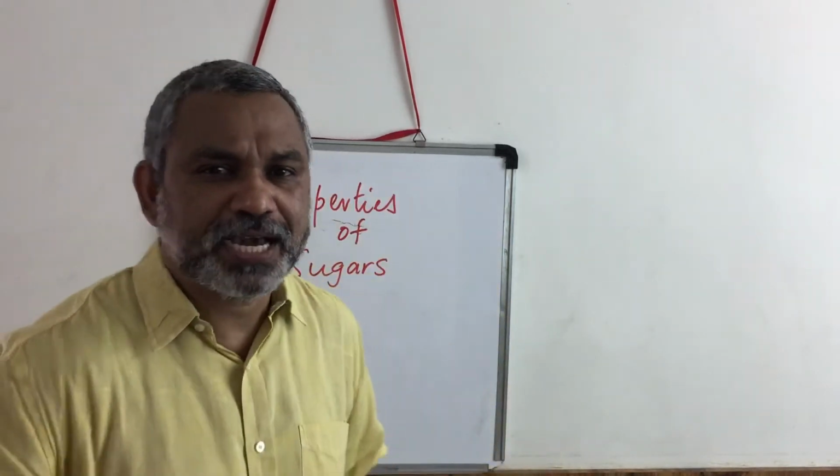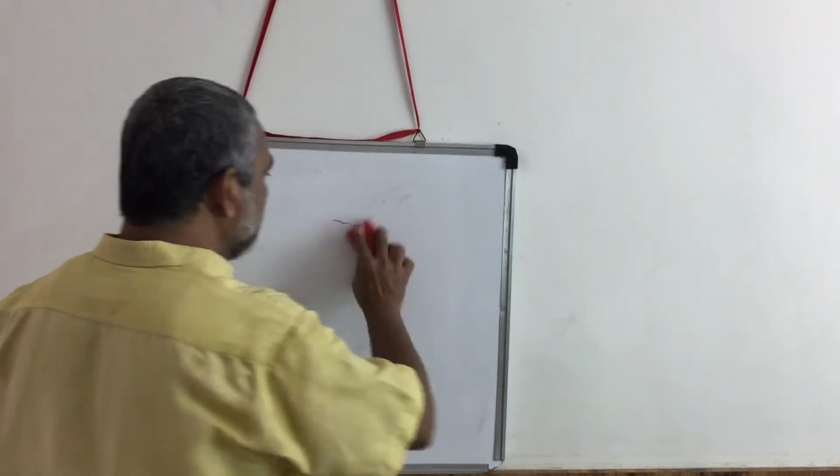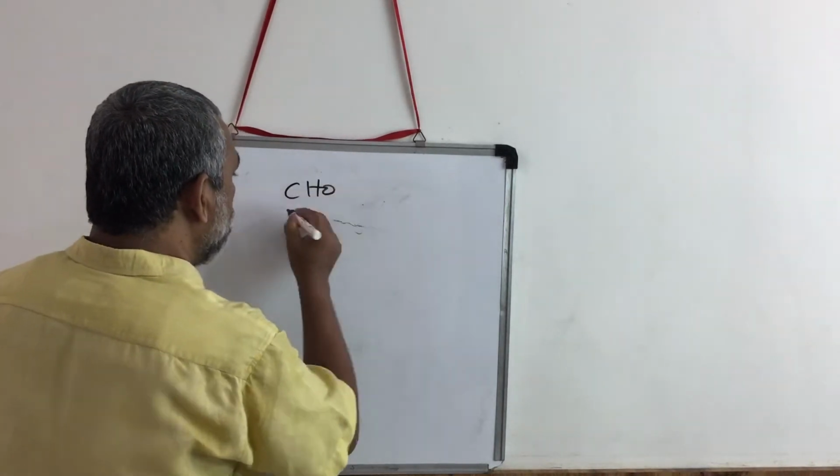So the presence of an asymmetrical carbon atom makes a molecule optically active. This is a property which is present in carbohydrates. Carbohydrate monosaccharides have a lot of asymmetrical carbon atoms. So let us start looking at glyceraldehyde. When you draw the structure of glyceraldehyde, this is CHO.